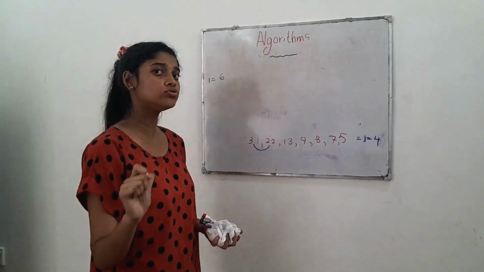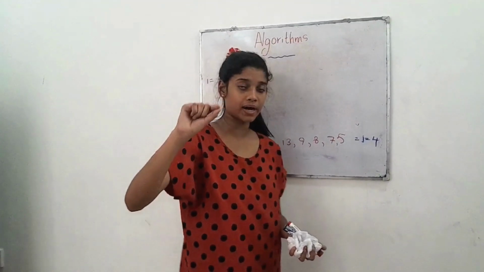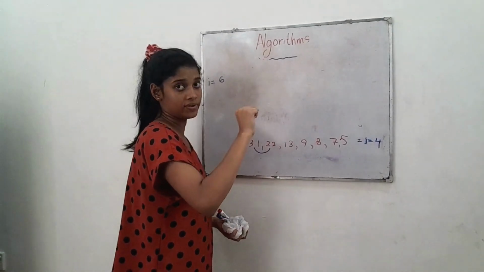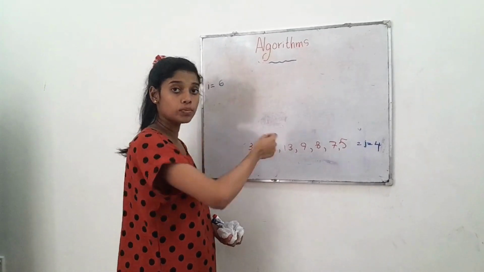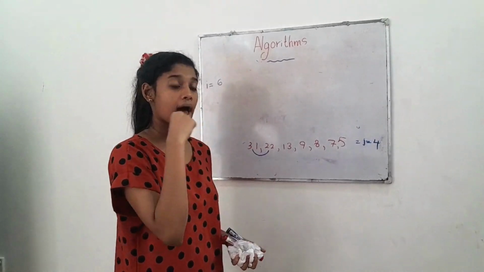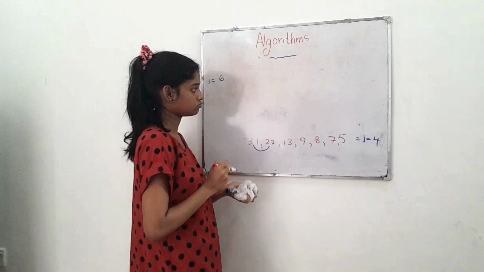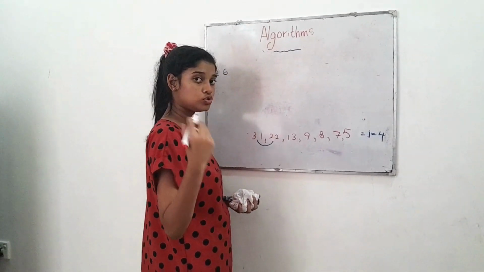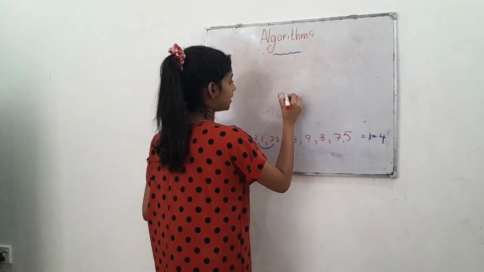You have to highlight one part because of your loop invariant. Your loop should be n minus 1.